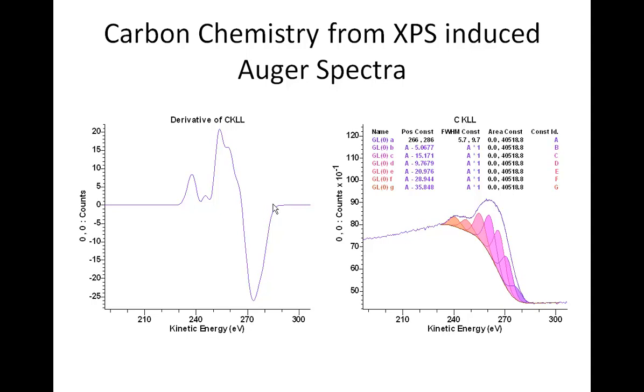This is calculated as the energy separation between the maximum intensity of the derivative of this Auger peak to the minimum intensity. So the energy offset between these two peaks and troughs in the Auger signal when differentiated is an indication of the type of sp2, sp3 hybridization in carbon.